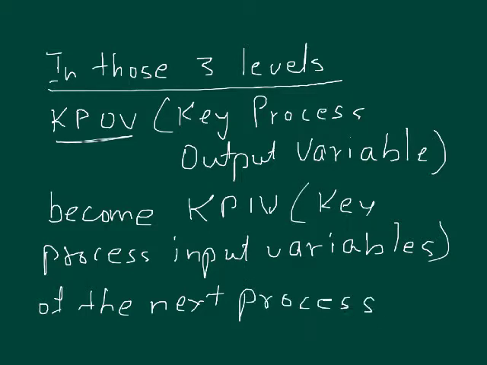So in those three levels, process, operations, and business, the KPOVs of each level become KPIVs, the key process input variables, of the next process.